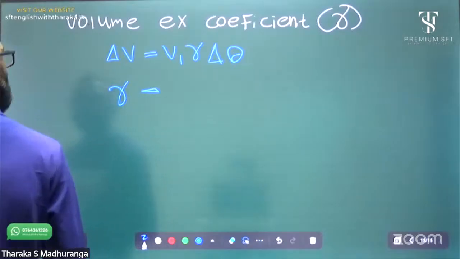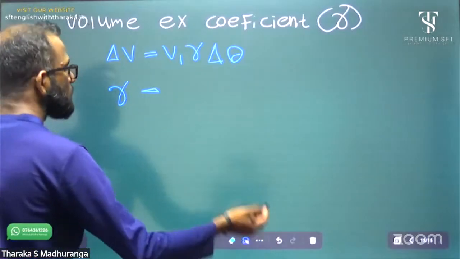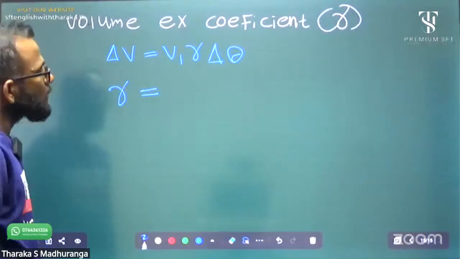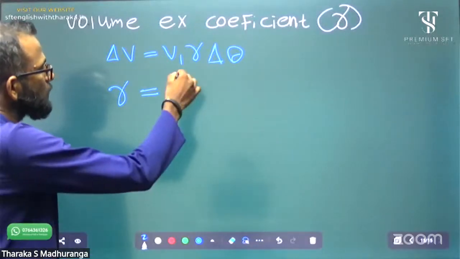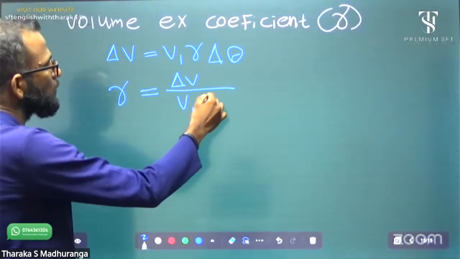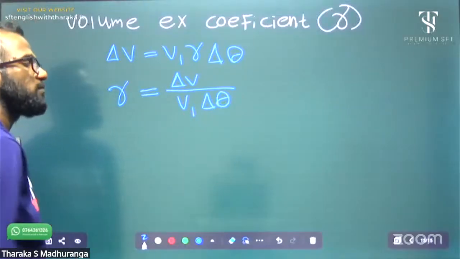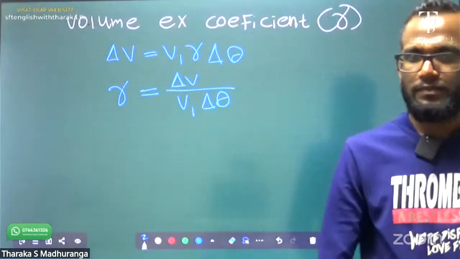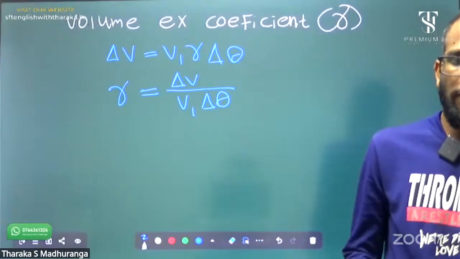Okay, what's the equation? Delta V, same as previous. Gamma equals delta V over V1 delta theta.